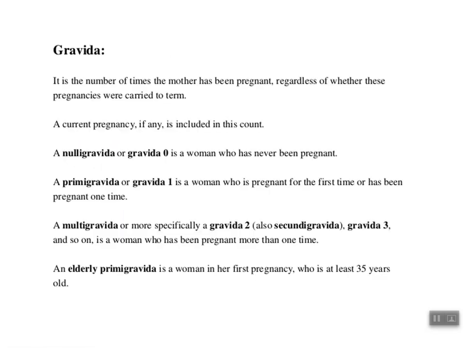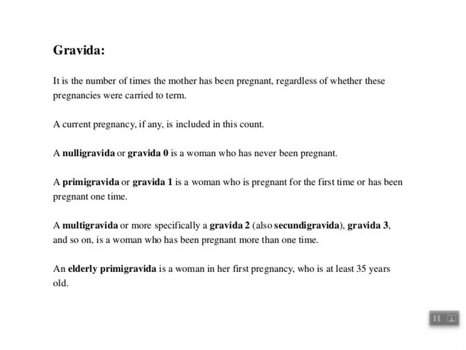Now in detail, gravida. It is the number of times the mother has been pregnant. Once the mother has become pregnant, that number is known as the gravida. It is regardless of whether the pregnancy was carried to term or ended in abortion, miscarriage, intrauterine death, anything.